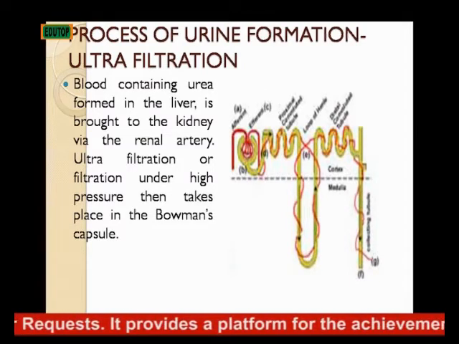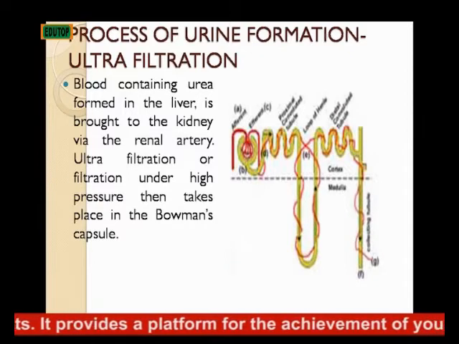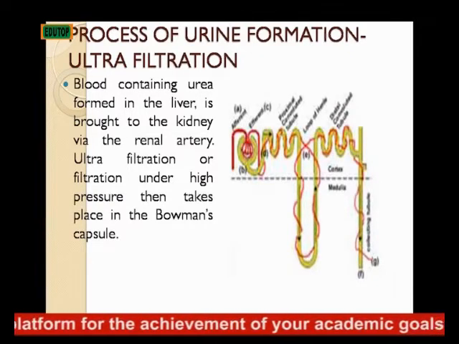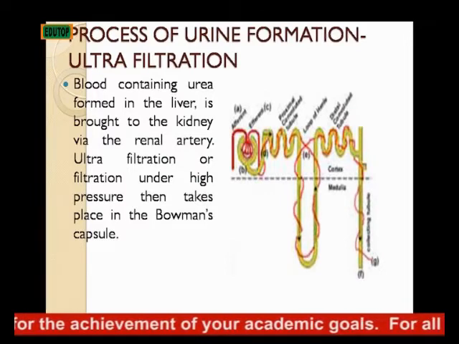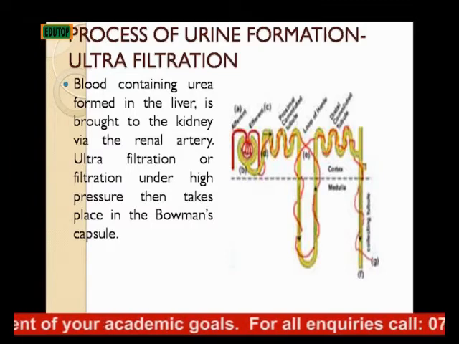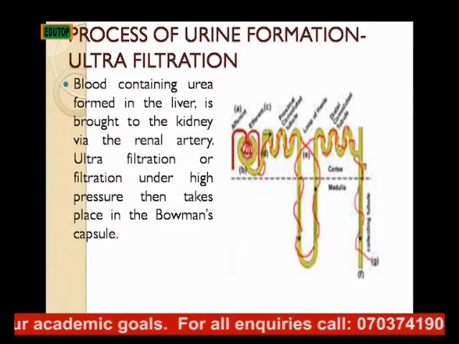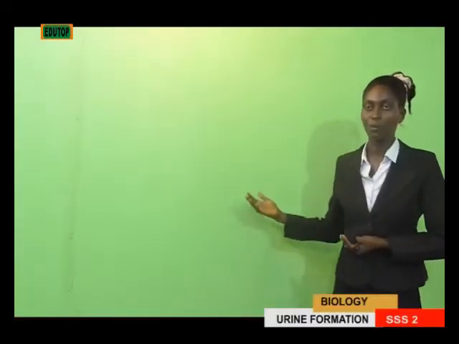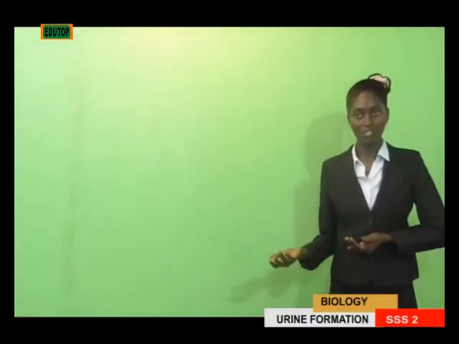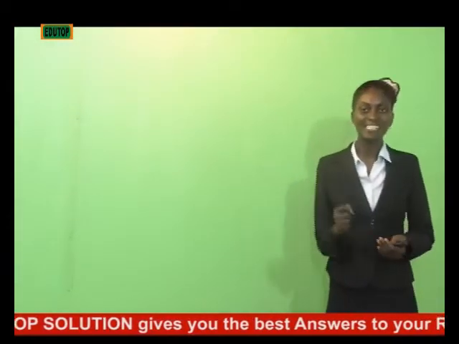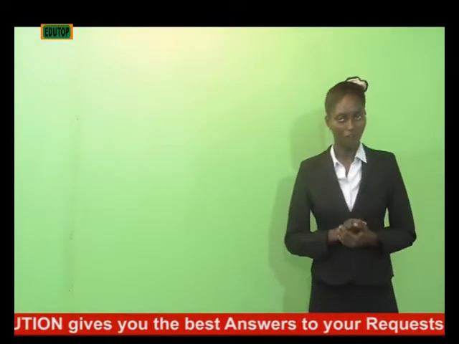Those that are not useful for the body are filtered out of the blood plasma in the glomerulus and produce a filtrate in the Bowman's capsule. The Bowman's capsule is the one that carries the glomerulus. So there is a filtration of these small molecules in the Bowman's capsule. Then the filtrate enters the tubule of the nephron.